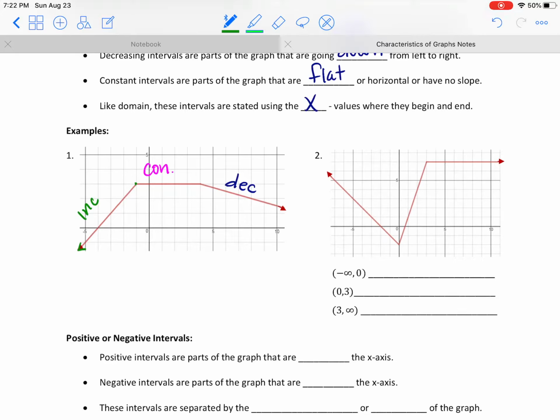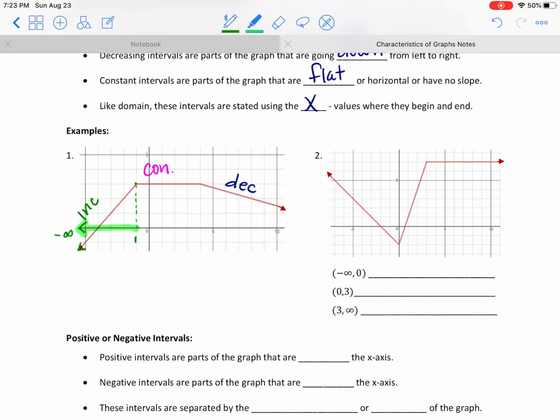So if I was to highlight the x values where the interval starts and stops, we are looking at this graph going from here, which is at 1, and then all the way toward negative infinity because it's going forever that way.